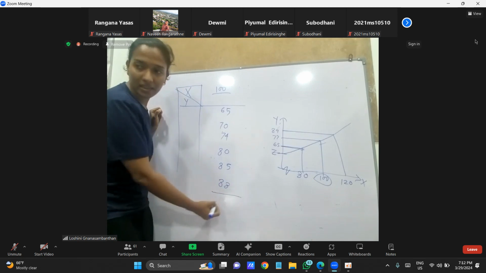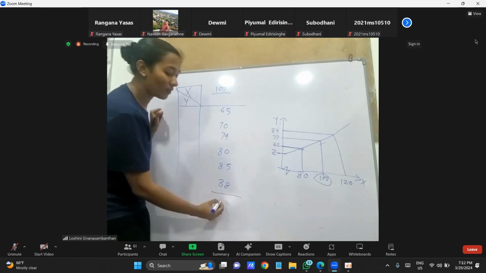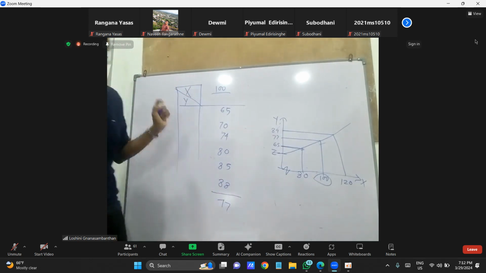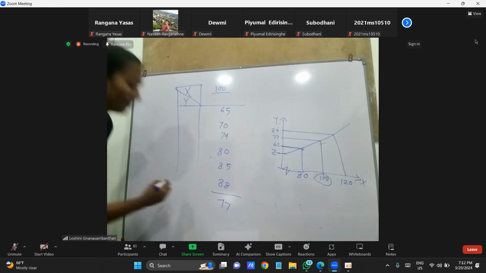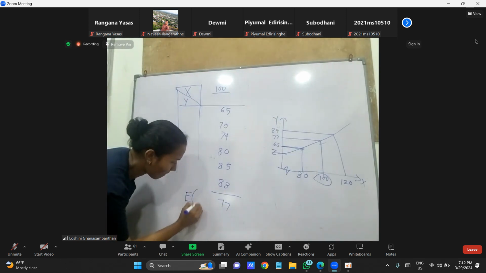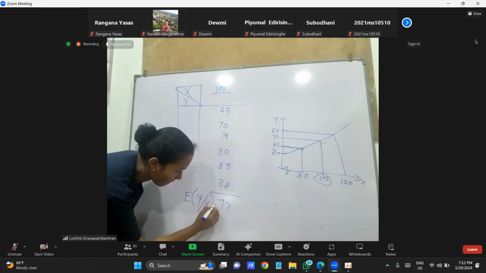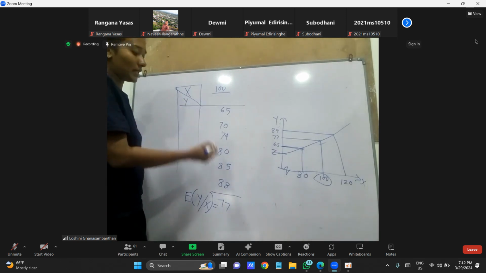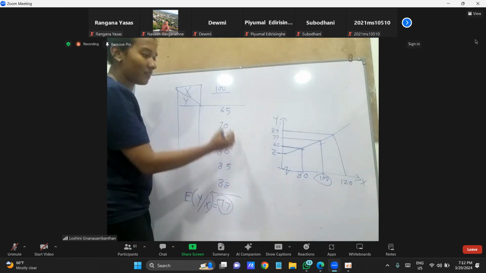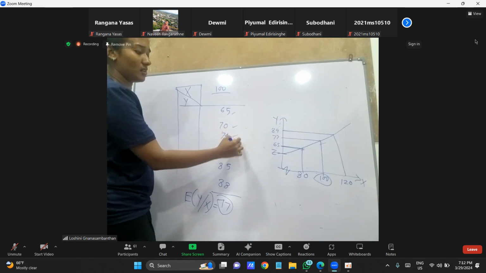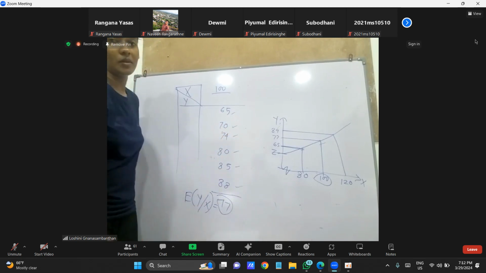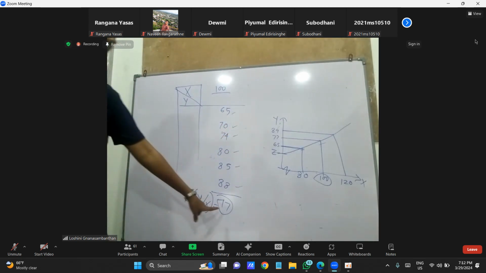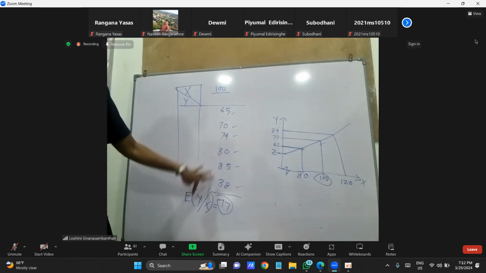So the conditional mean that you got is 77, right? At 100, it's 77. But can you say that this 77 is there in the data? No, right? So this is the mean of all of these.